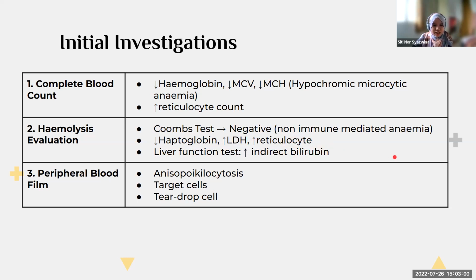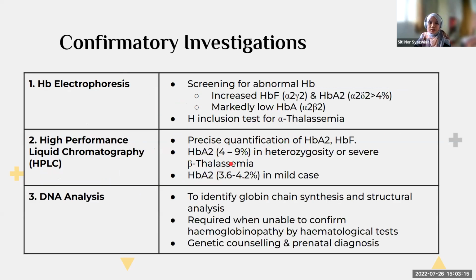The next is the peripheral blood film. We can expect findings of anisopoikilocytosis, different sizes and shapes, target cells, and teardrop cells. So for the confirmatory investigation, we have three. First is hemoglobin electrophoresis, where we screen for the abnormal hemoglobin.